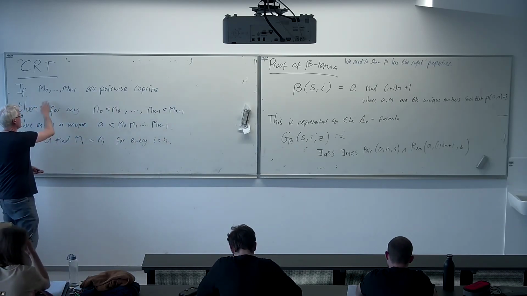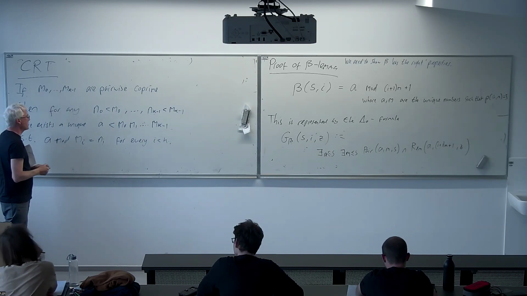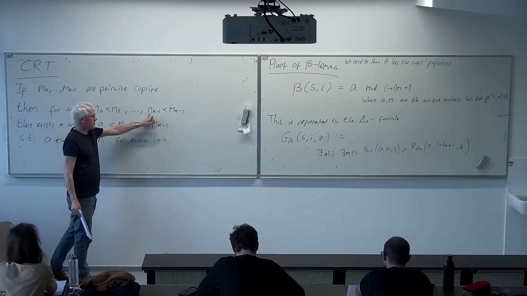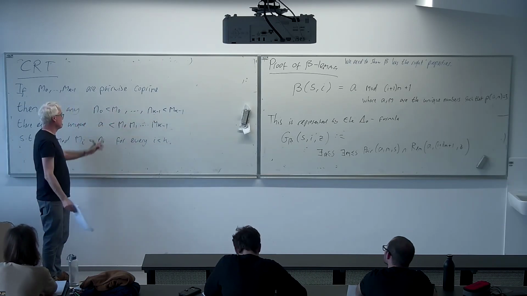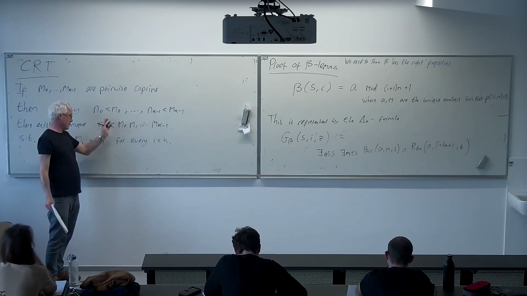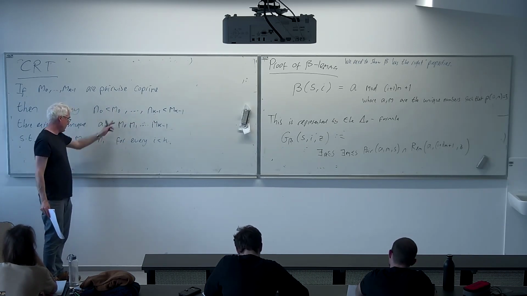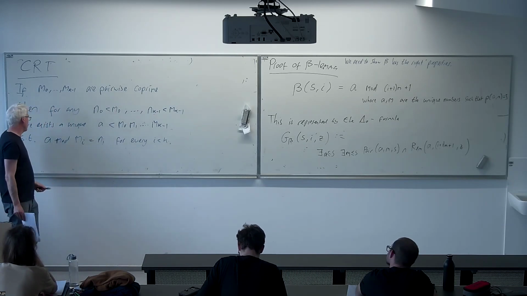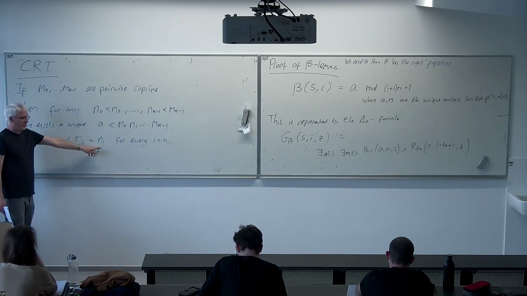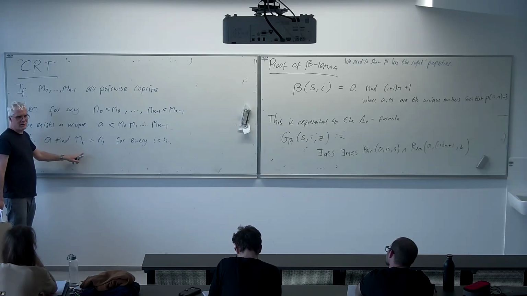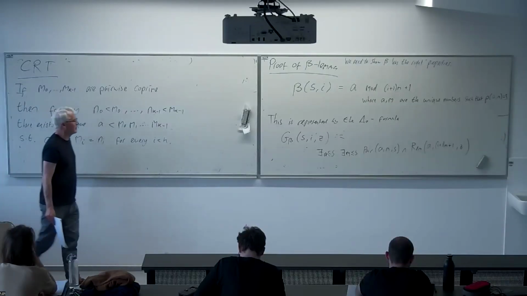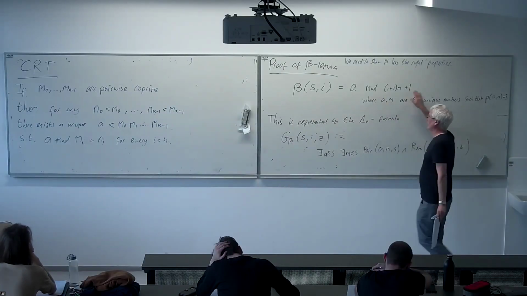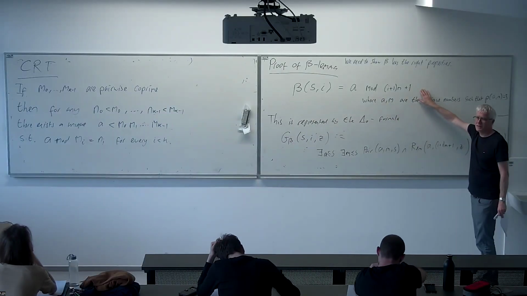So if you've got a set of pairwise coprime numbers, then you can encode sequences bounded placewise by those numbers in such a way that the elements of the sequence are extracted using the modulo function. This is how we're extracting the numbers here.